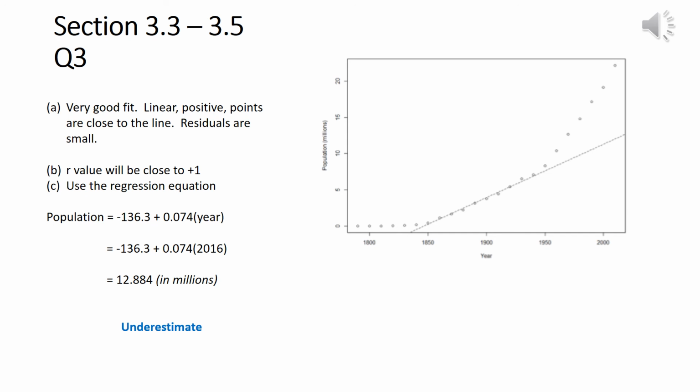Because as is clearly the instance here, we don't know if the trend will continue outside of the data set that we actually have. So that is the danger of extrapolation and something that we avoid at all costs when we're undertaking regression.